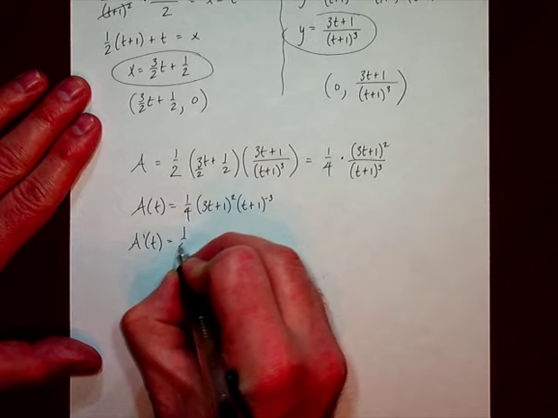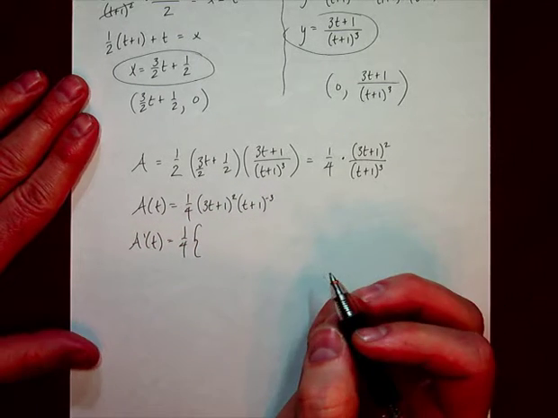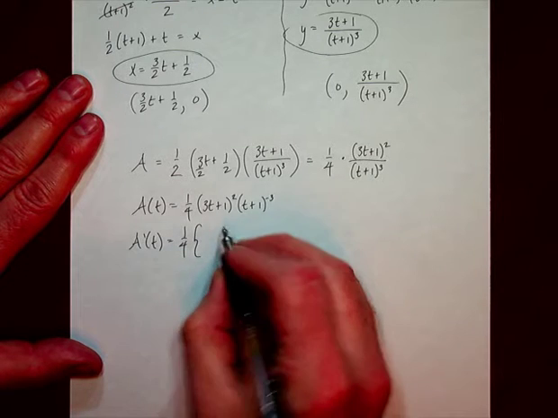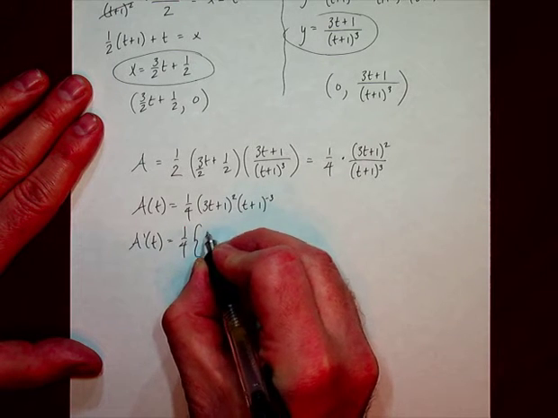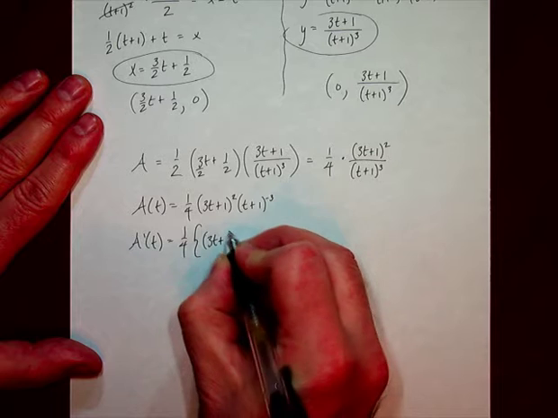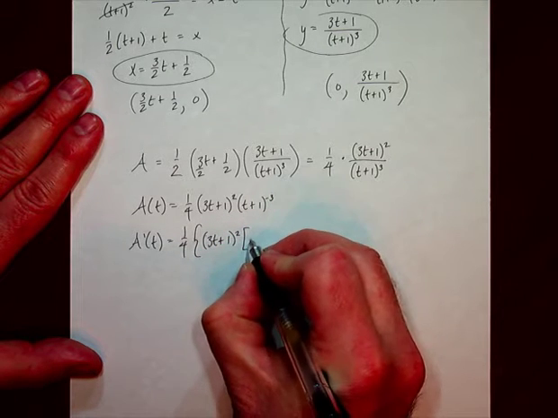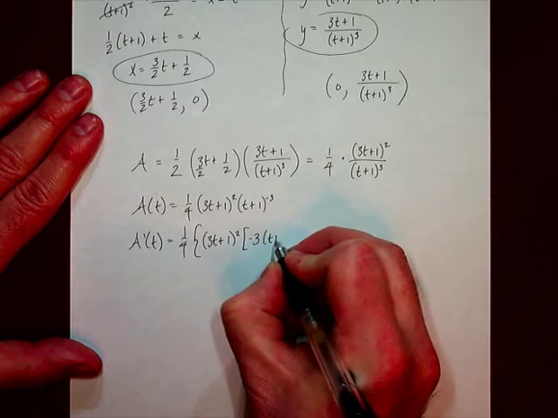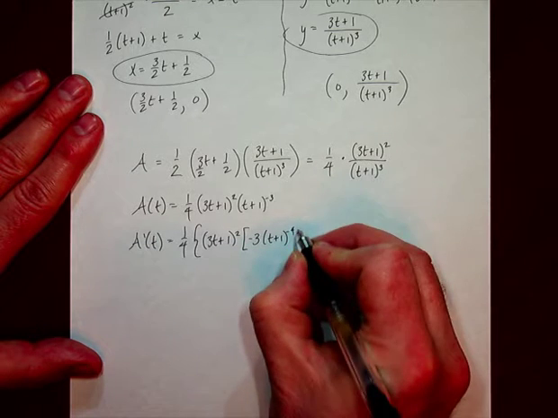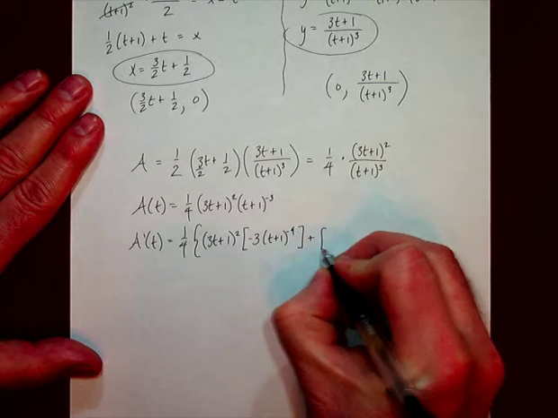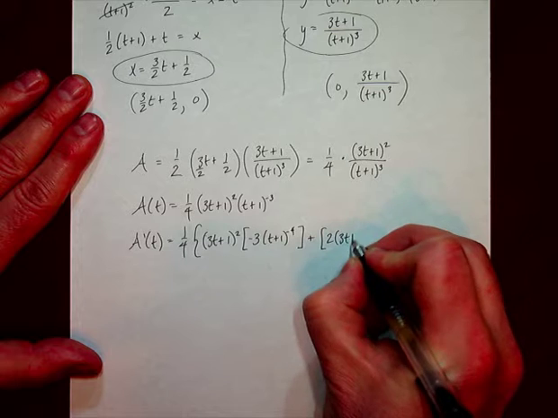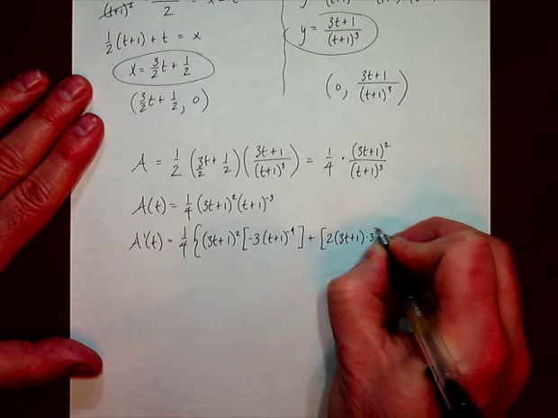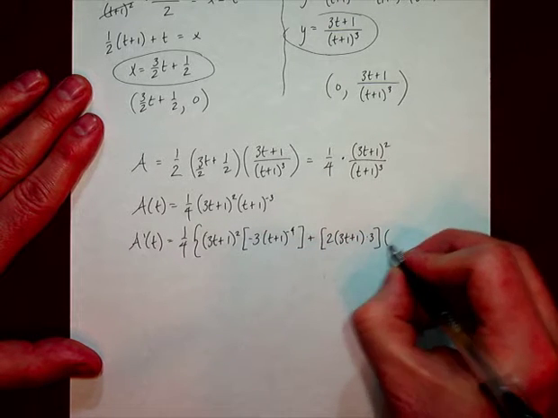So I have 1/4. Okay, let's do the first times the derivative of the second plus the derivative of the first times the second.